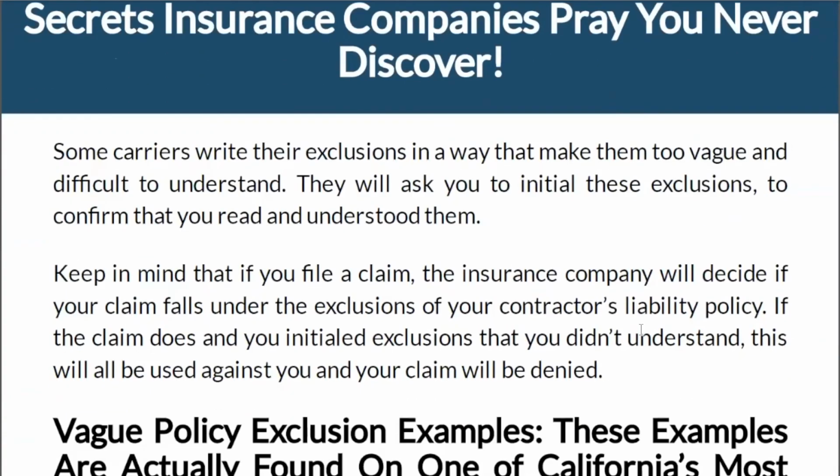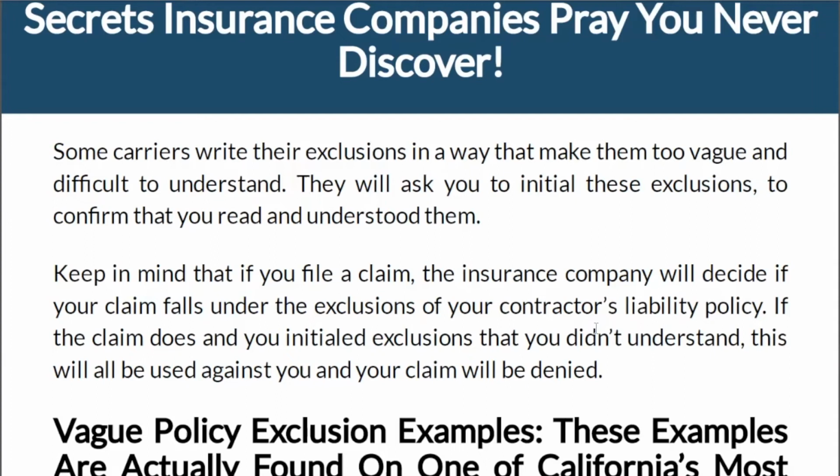Some carriers write their exclusions in a way that is too vague and difficult to understand. They will ask you to initial these exclusions to confirm that you read and understood them. So there are carriers whose exclusions are very long and very vague, with a line at the bottom to initial as understood, and no one understands them. I don't understand them either.